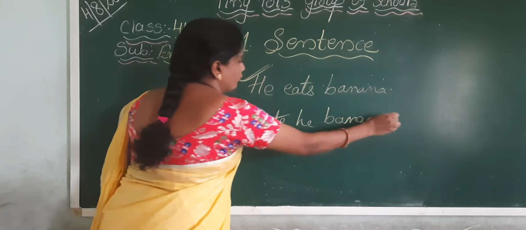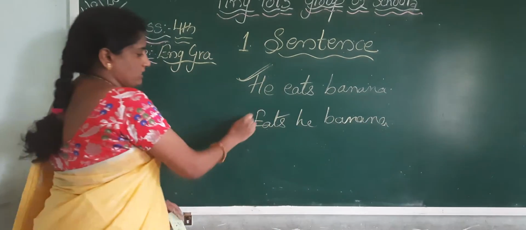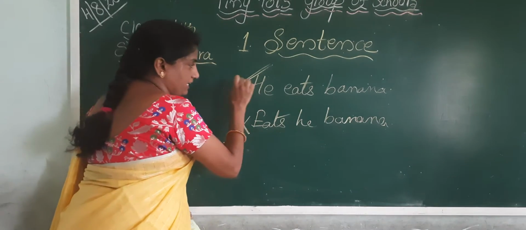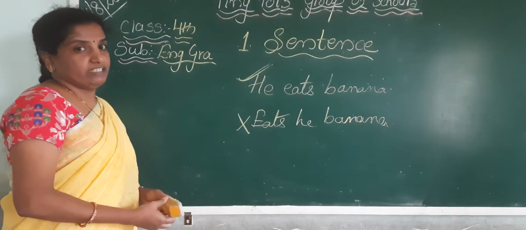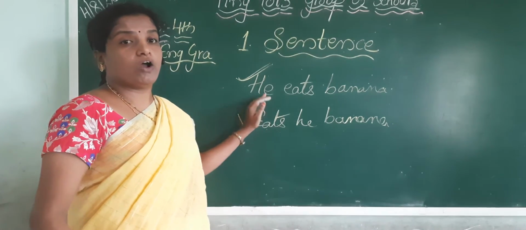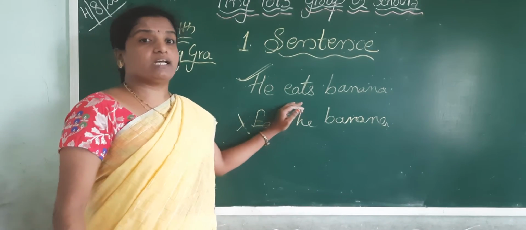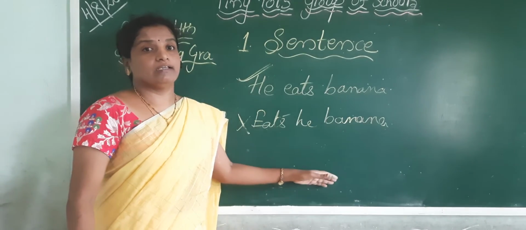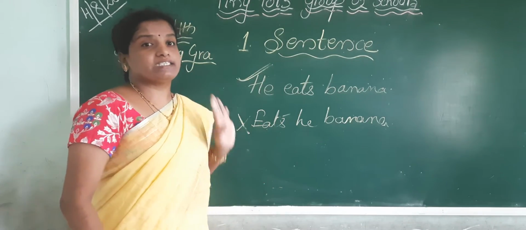Is it a meaningful sentence? No, it's not a meaningful sentence. This is a meaningful sentence. So, to write the words in a correct order, which gives us the complete sense, is known as a sentence.